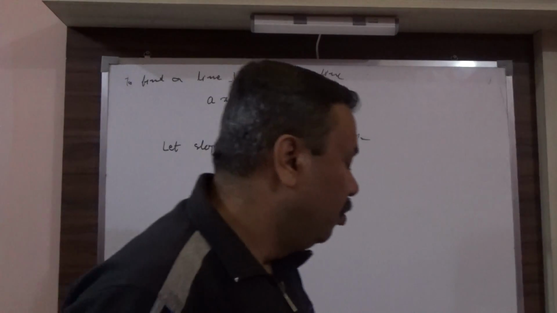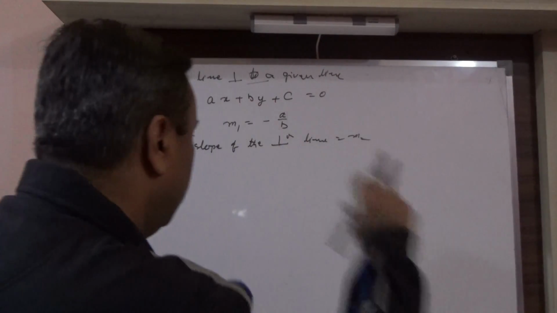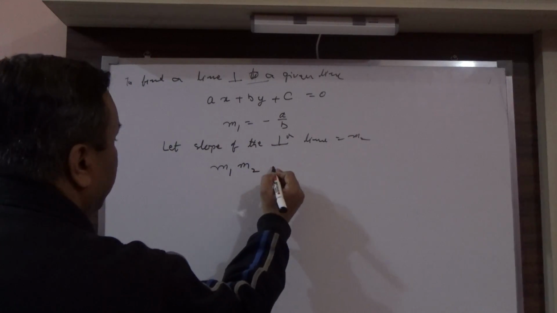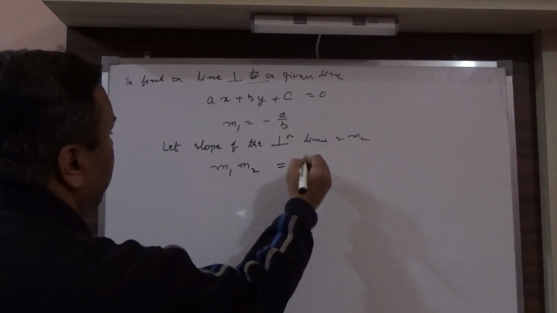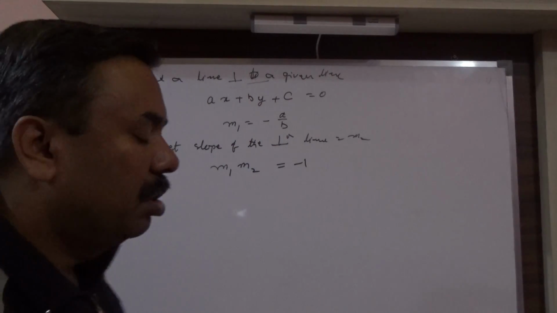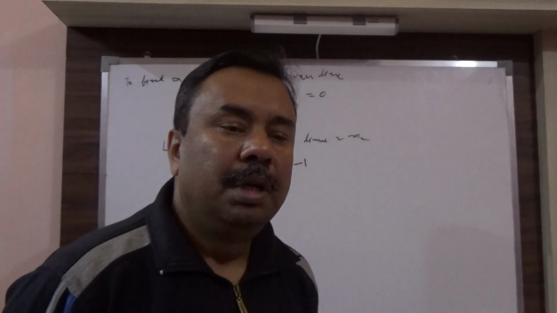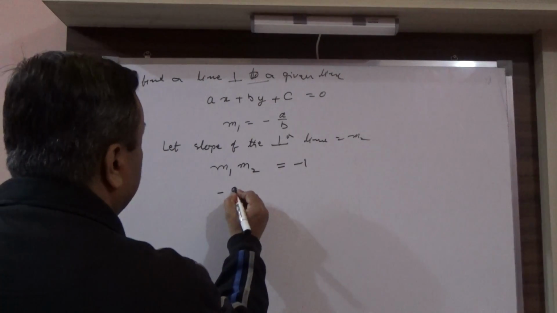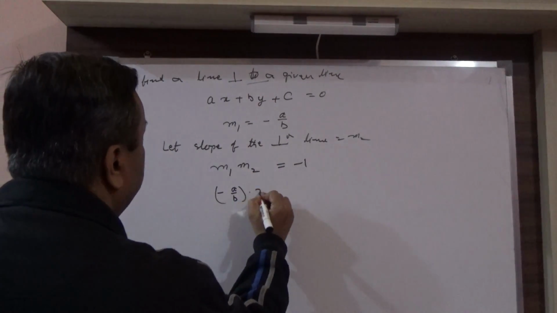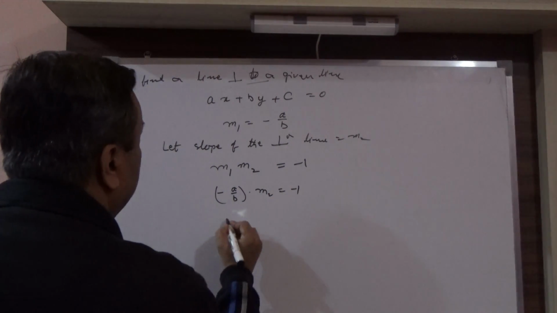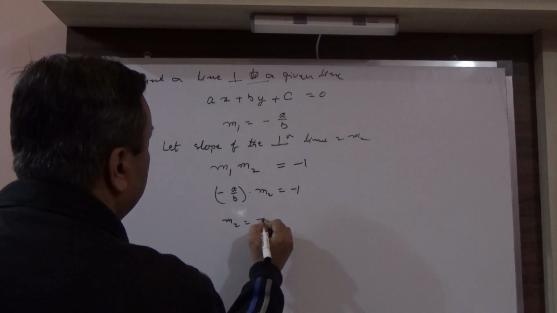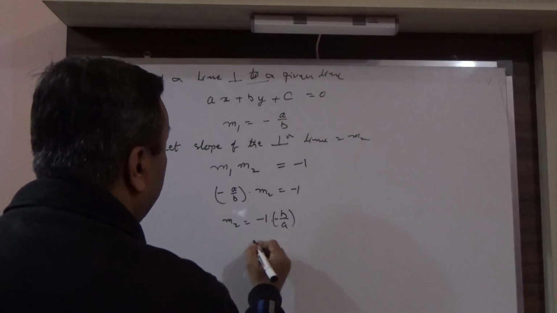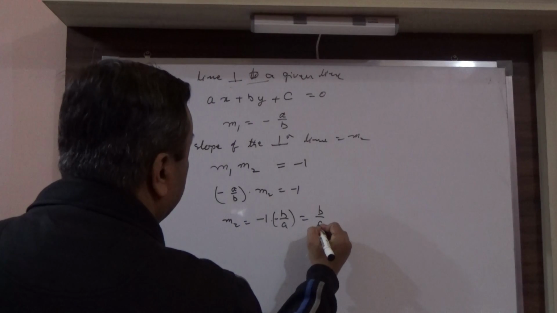Then what we know, I have told you in the previous video that for two lines to be perpendicular, m1 times m2 is equal to -1. The product of the slopes will be equal to -1. So m1 is minus a over b multiplied by m2 equal to -1. So m2 will be equal to -1 into minus b by a, or it will be equal to b over a.